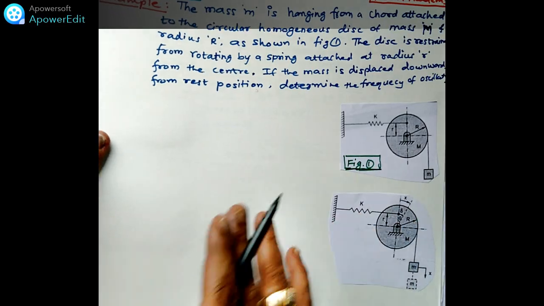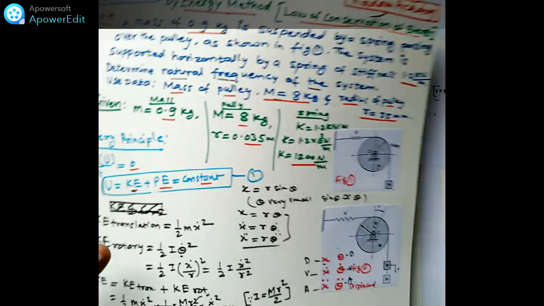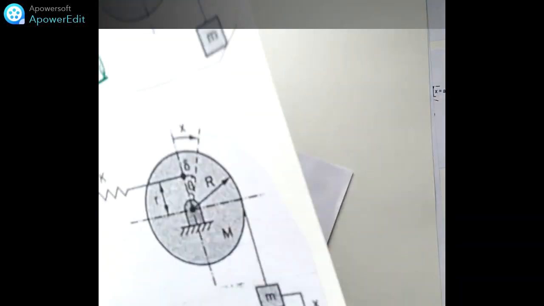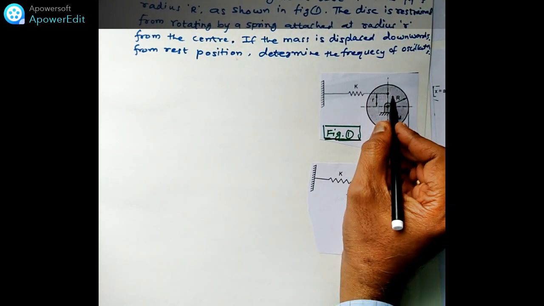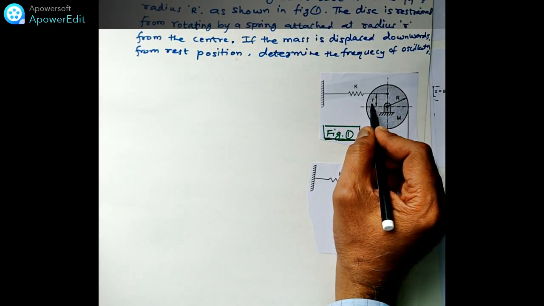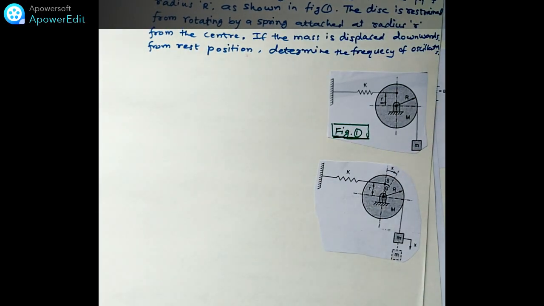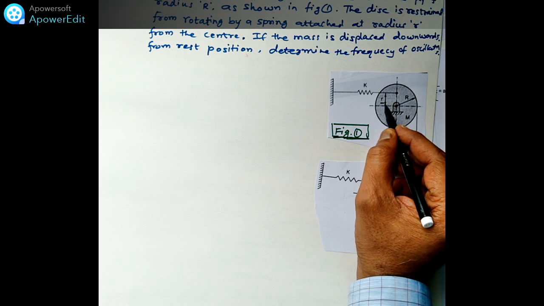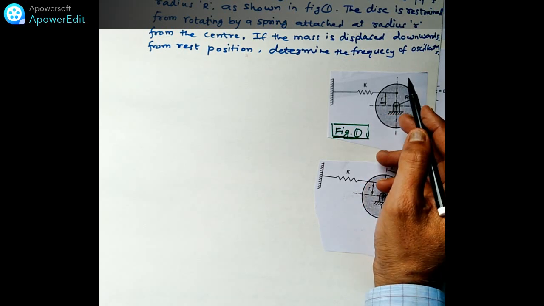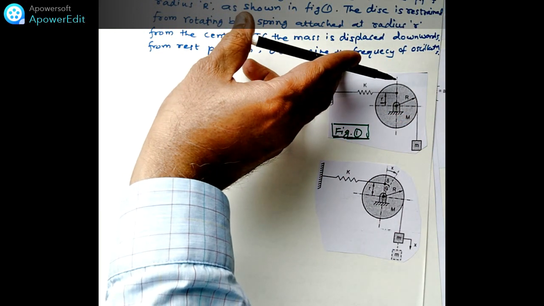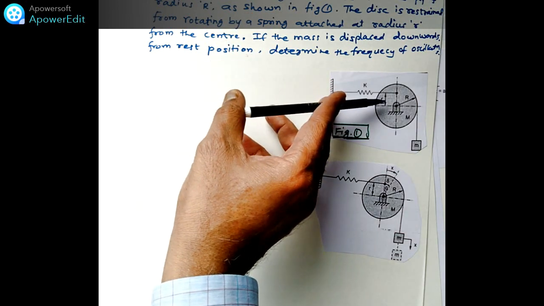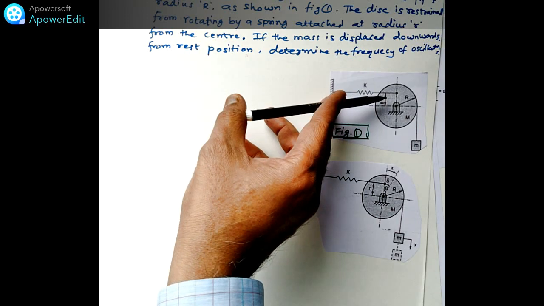In the previous numerical, the spring is attached at this end, okay. In this case, the spring is attached here at a distance of r. It is not attached at this end. The spring is attached horizontally here at a distance of small r.